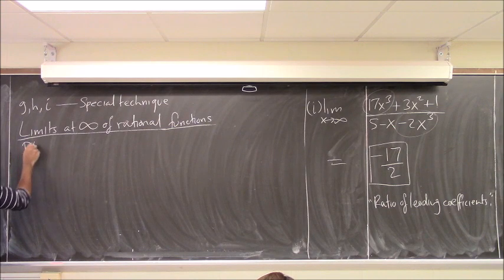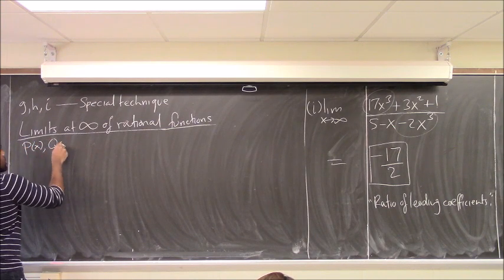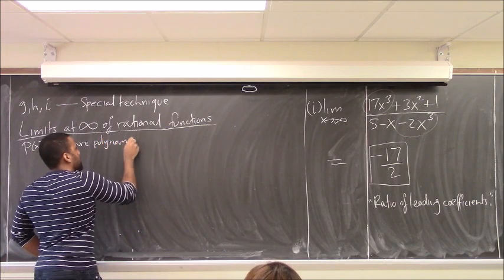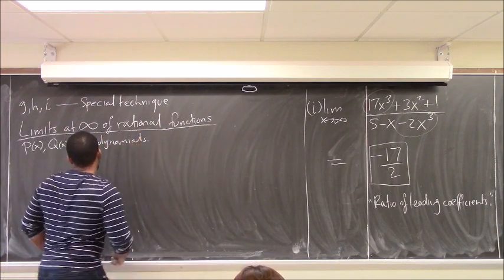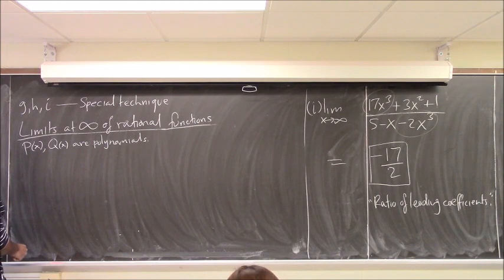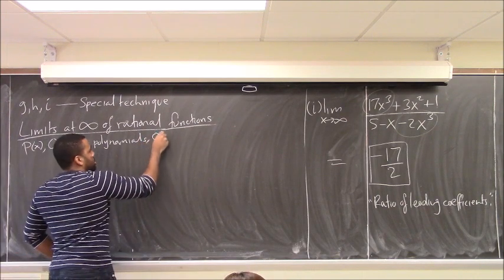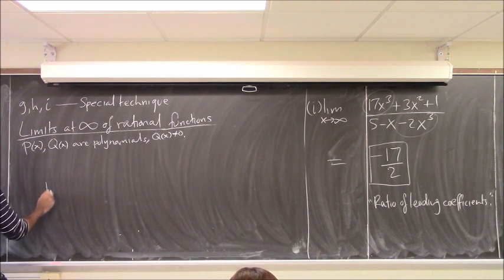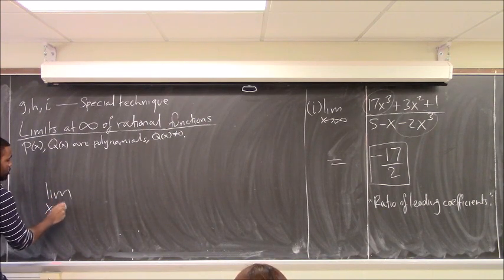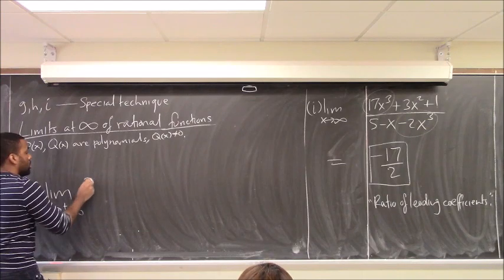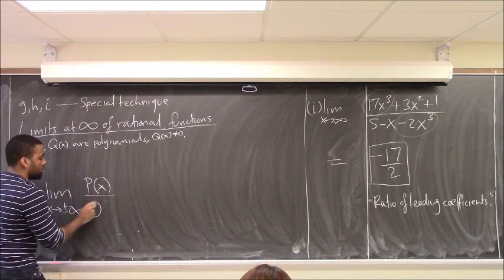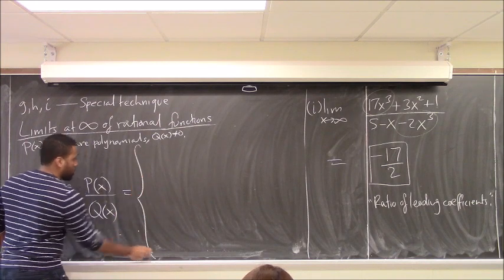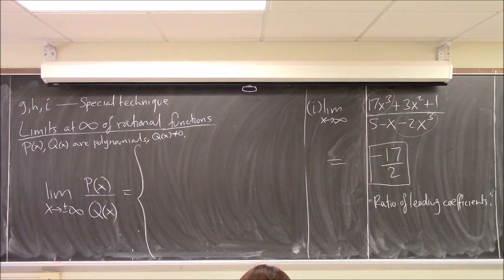So P of x, Q of x are polynomials. Of course, assume that Q of x is not 0 here. Then if you're looking at the limit as x goes to plus or minus infinity of P of x divided by Q of x, it turns out there are only 3 possibilities, and we just went through all of them.